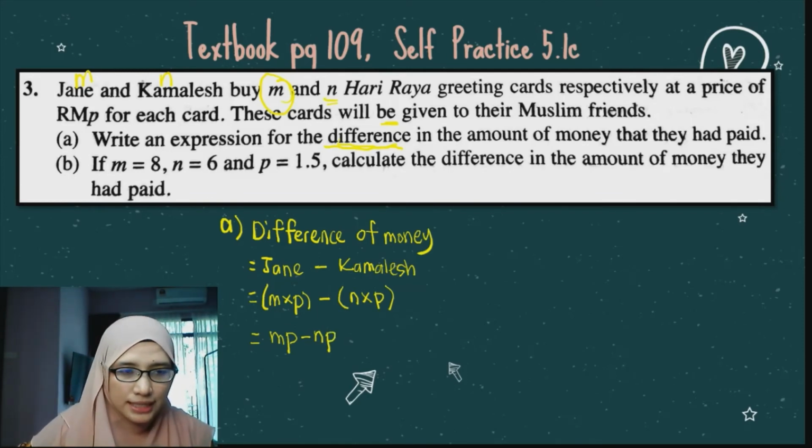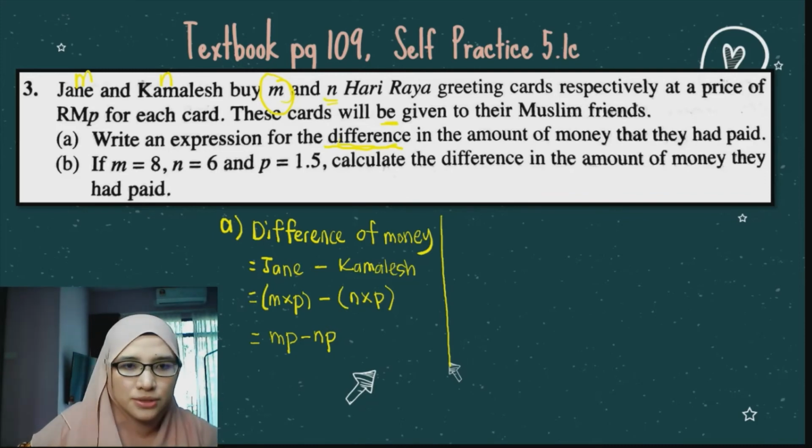You can write it like that, or I will leave it as it is. I don't want to confuse you anymore. So that is your algebraic expression. Next, we need to calculate. Just substitute the given value.